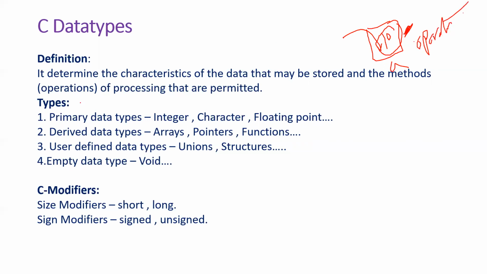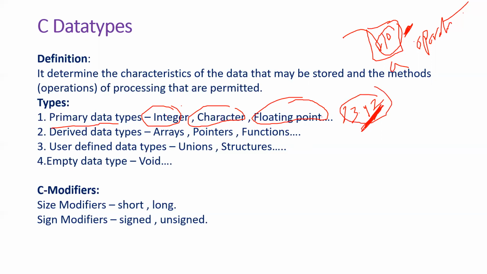And mostly there are four types of data. The primary data types are integers, meaning negative, positive and 0, with no decimal place values; character data; floating point, meaning values like 23.42, numbers having decimal points; and double, which is just like the floating point data type but with good precision of the decimal places.